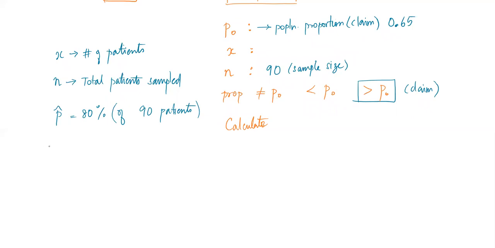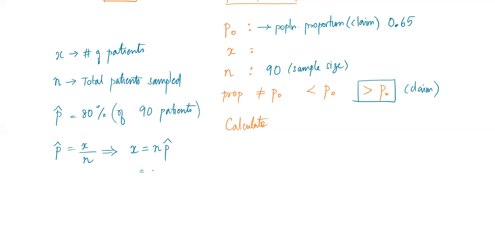Now this is the relation between p hat, x, and n. p hat is x over n. Now they didn't give us the x explicitly, but they did give us p hat. So if you did mathematical rearrangement of these terms, x can be solved so that you have x equals n times p hat, isn't it? Because you can find x as the number of patients with the overdue bill.